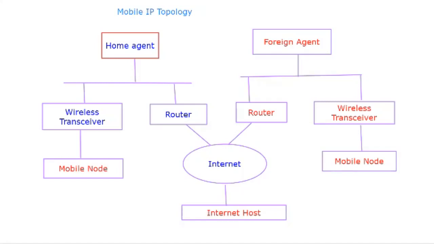The mobile node's home address always identifies the mobile node regardless of its current point of attachment to the internet or an organization's network. When away from home, a care of address associates the mobile node with its home address by providing information about the mobile node's current point of attachment to the internet or an organization's network.